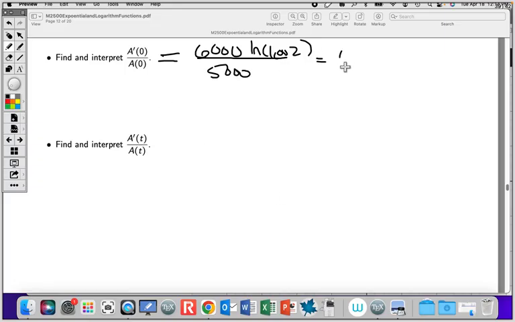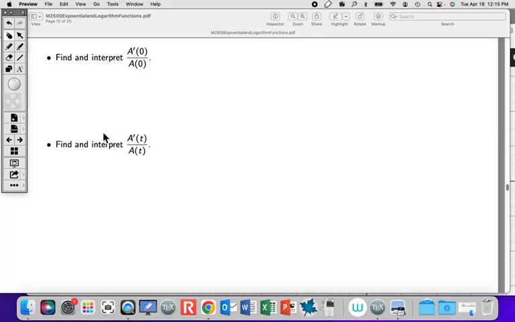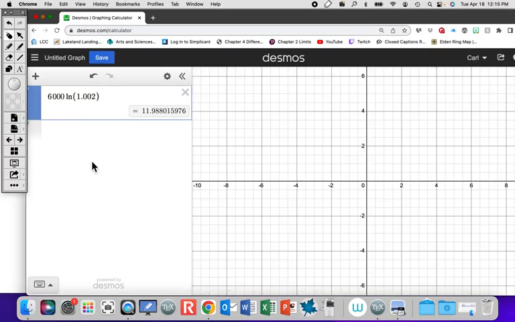And that's going to be 12 times the natural log of 1.002. So once again, fire up Desmos. Give me an approximation to this. 0.2397, and so on.